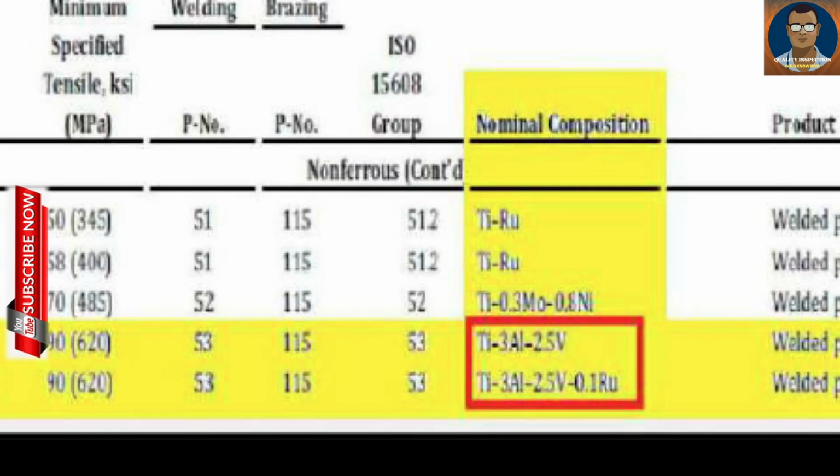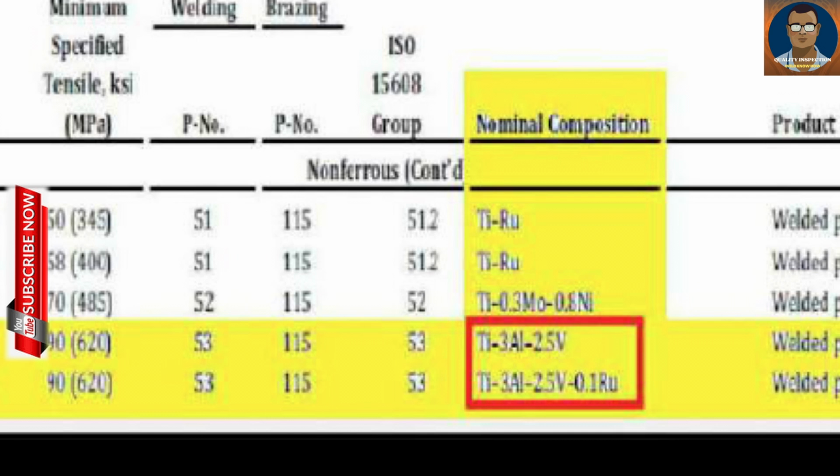So for 53, there are 2 materials, and you can see the composition: titanium 3, aluminum 2.5, and a little bit of vanadium. And the SB 862 grade 28 has titanium 3, aluminum 2.5, and vanadium 0.1 Ru.